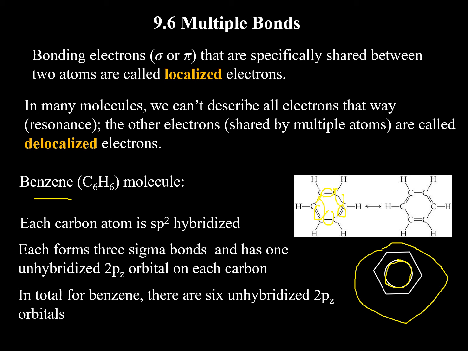So we have 6 unhybridized 2p-z orbitals. The double bonds are above and below the plane, and I'll show you on the next slide. But each one of these carbons is trigonal planar, which is sp2 hybridized.